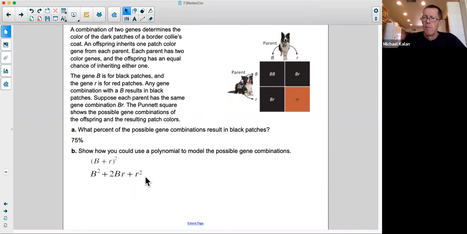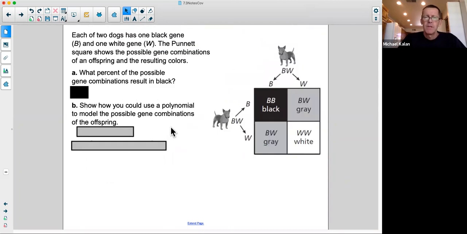Okay. All right, this one is very much the same, except here it's dogs that have 1 black gene, capital B, and 1 white gene, capital W. The Punnett square shows the possible gene combination of an offspring and the result. Okay, what percent of the possible genes could result in black? Notice we got black. What percent? 25, yeah.